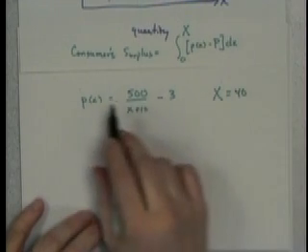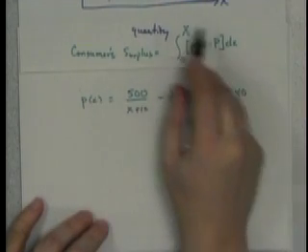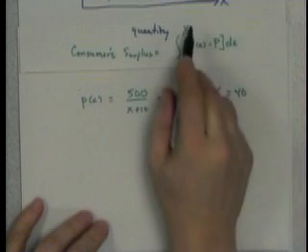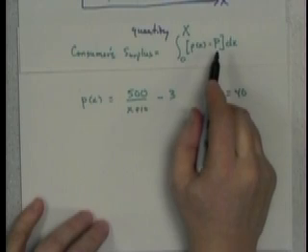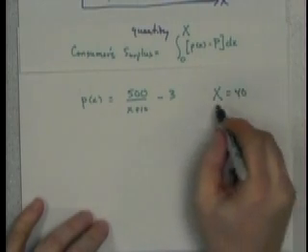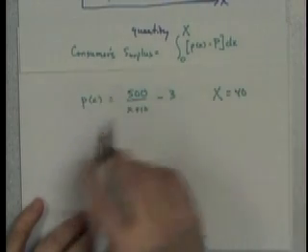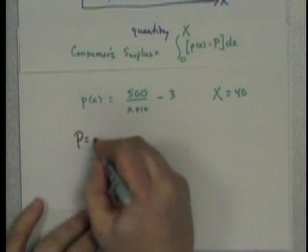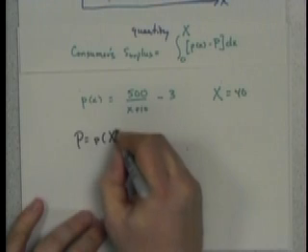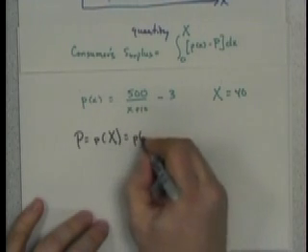Looking at this picture, I have my capital X, I have my demand equation, I need capital P still. To figure out capital P, you have to stick capital X in here, if they don't give it to you. So capital P is demand of capital X, which in this case is demand of 40.